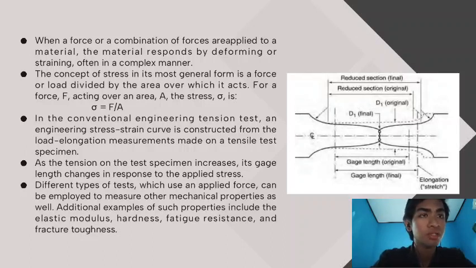Additional examples of such properties include the elastic modulus, hardness, fatigue resistance, and the fracture toughness. They are described subsequently in more detail. A short list of important types of mechanical property includes: first, hardness, as a measure of resistance to deformation.